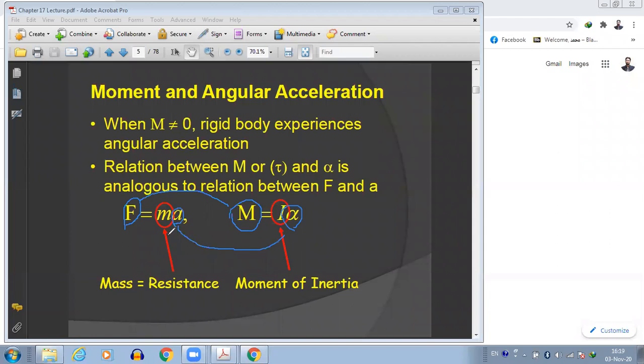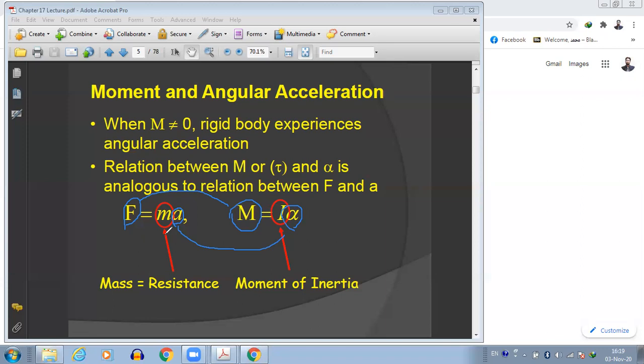And m could be considered as the resistance to the linear motion, because there's a regular understanding that if m is high, then producing the motion would be difficult. Something heavier is hard to put into motion compared to something lighter. So m is kind of a resistance to motion.